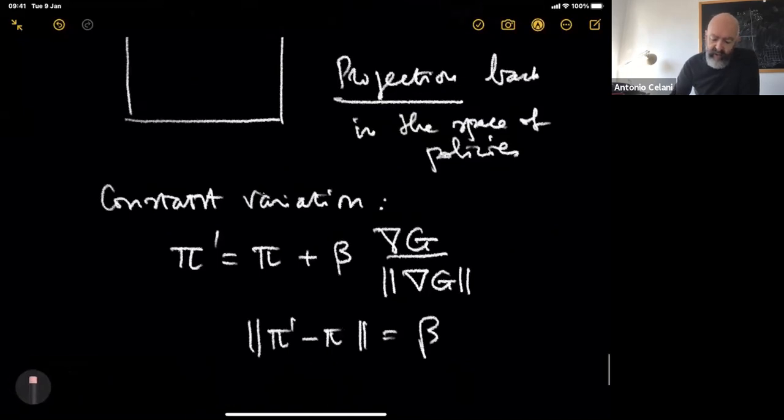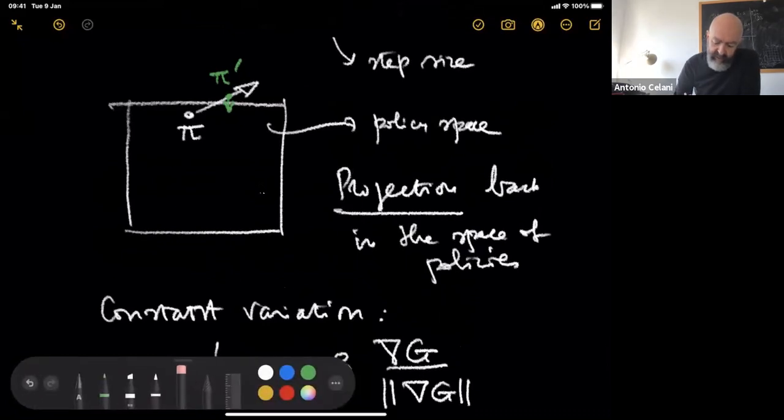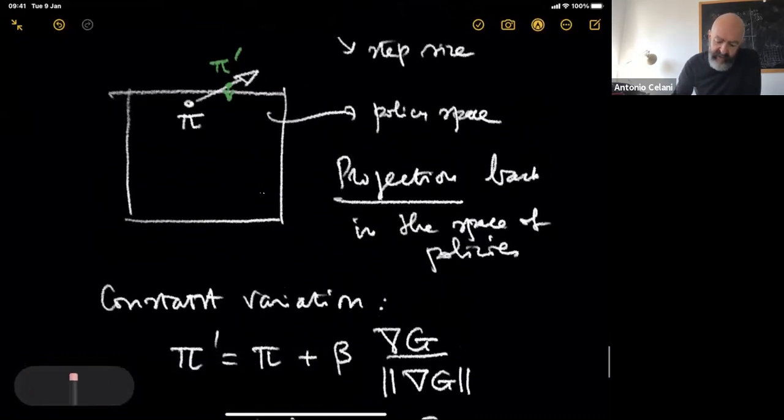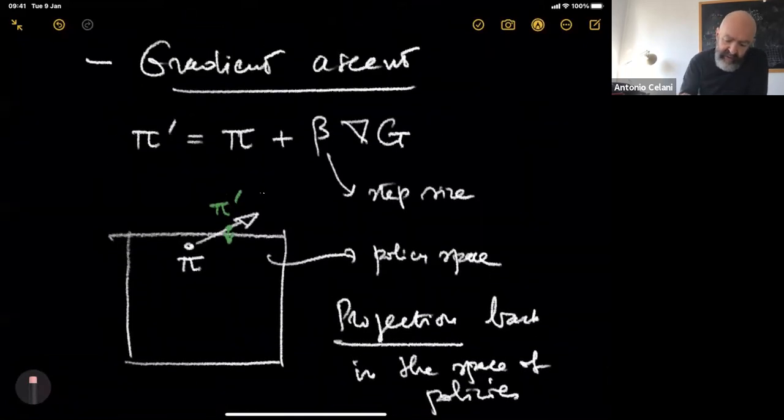Okay, so in one case, if we go back to this scheme here, so in this first case, let's say this is the one in yellow.